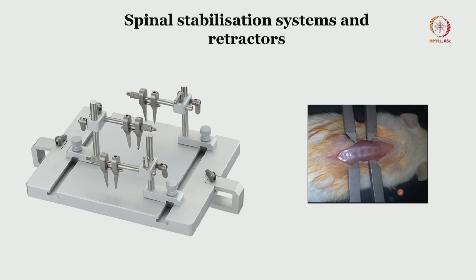spinal cord surgeries. So what you're seeing here is the stabilization system. So clamps and retractors are more important. These are self-retaining retractors. Once the skin incision is made, imagine the rat lying down in the prone position here.